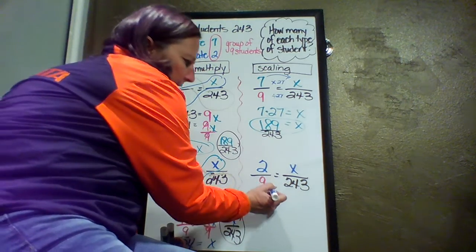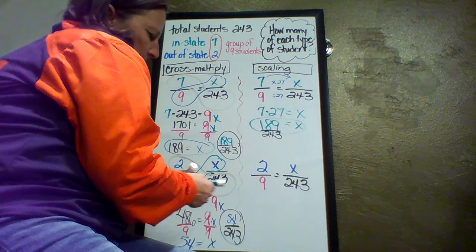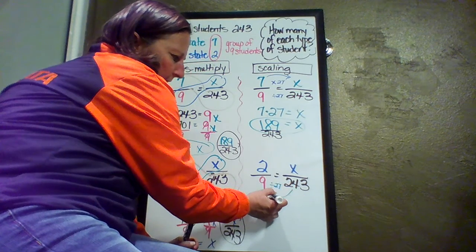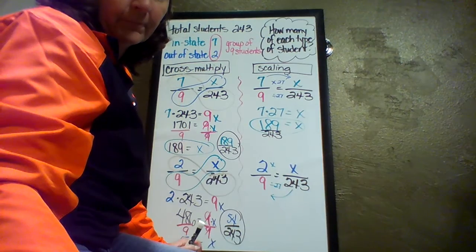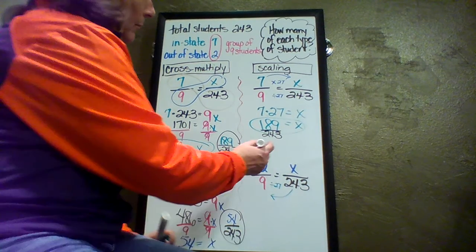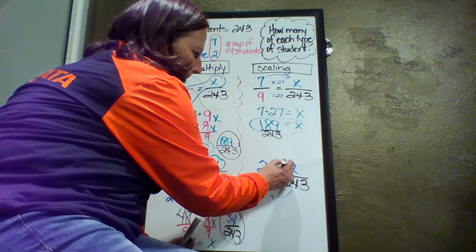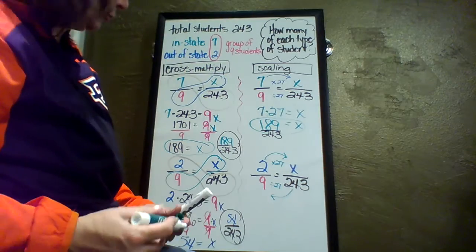So I can divide, I want green. If I divide by 27 when I'm going this direction, I'm going to multiply by 27 because I'm going the other direction and going to a larger value.